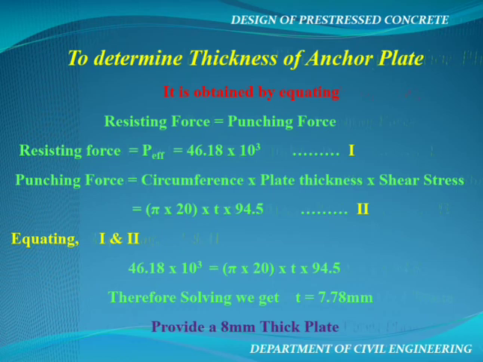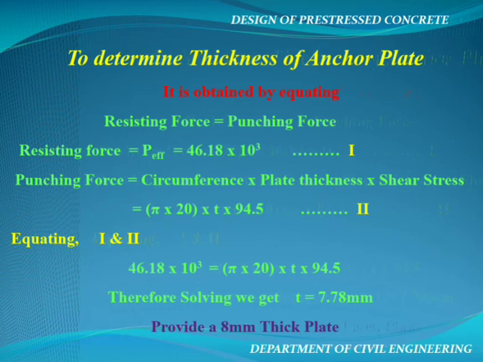So this is a simple straightforward calculation. This will be asked for 3 to 4 marks. The resisting force and punching force calculation should be quite easy because it is straightforward with proper substitution. The only care you have to take is while finding the circumference, you have to substitute the diameter of the duct and not the diameter of the wires.